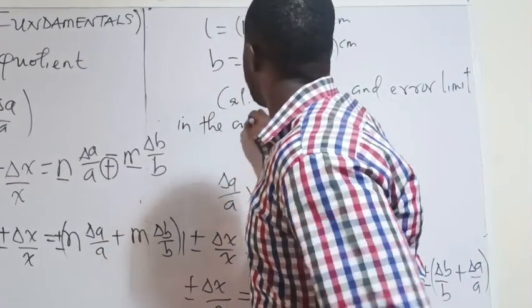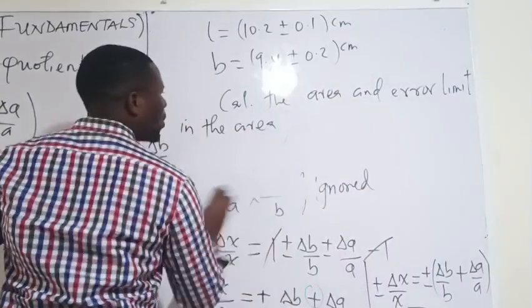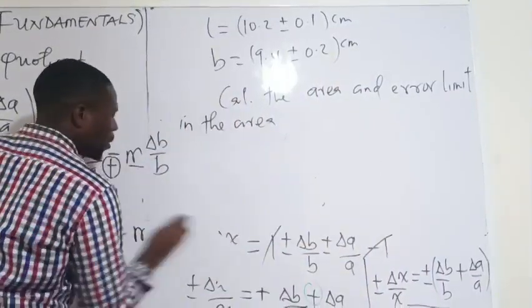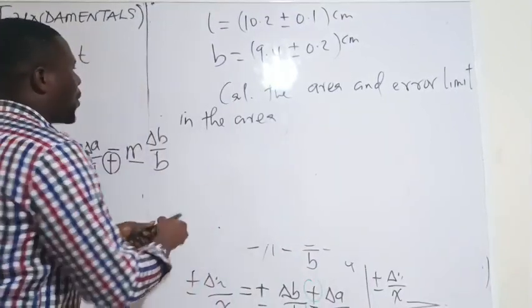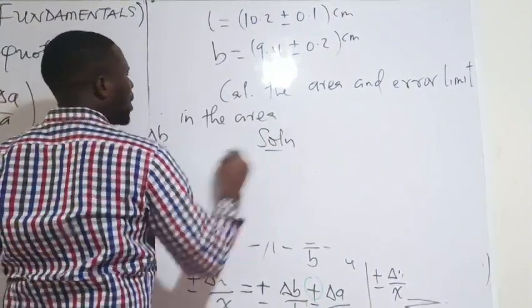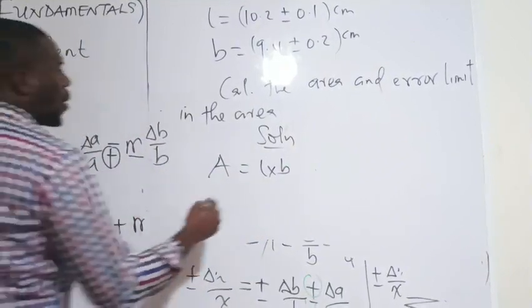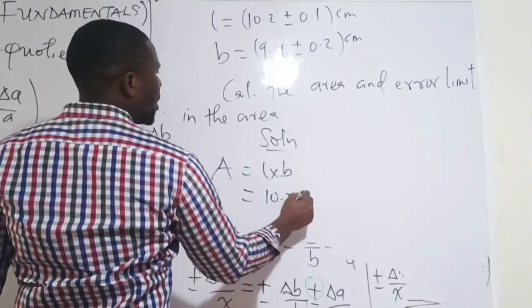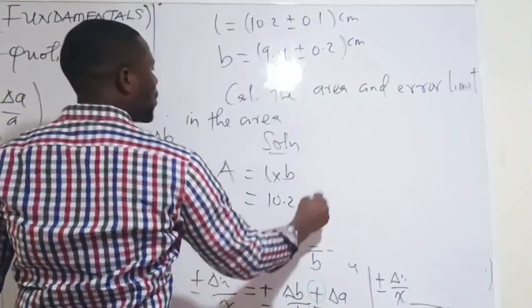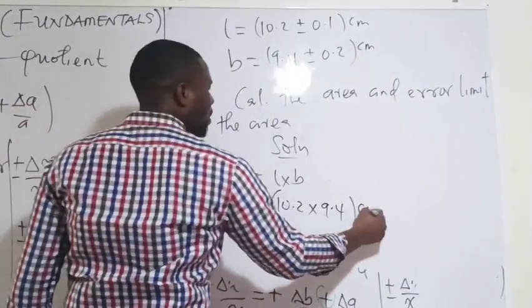So straight to the point, what we simply do is this. We know the formula for the area of a rectangle. The area of a rectangle is the length multiplied by the breadth. So the length is 10.2 and the breadth is 9.4. This is in centimeters, so this gives me centimeters squared.